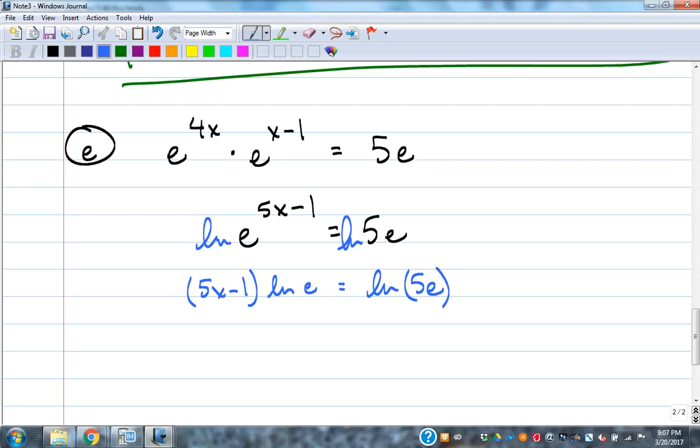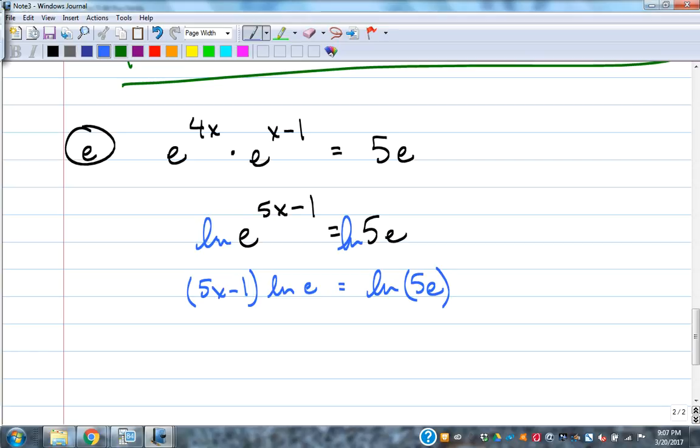All right. So now with this one, do I have to distribute the ln of e? Why not? Because we don't have an x on that side. On the one we did earlier, we had a variable on both sides. This one, we don't have variables on both sides. We just got the e over there, and that's okay.